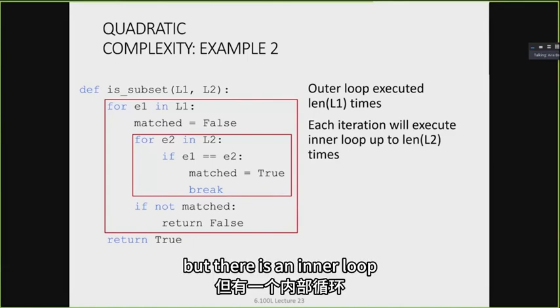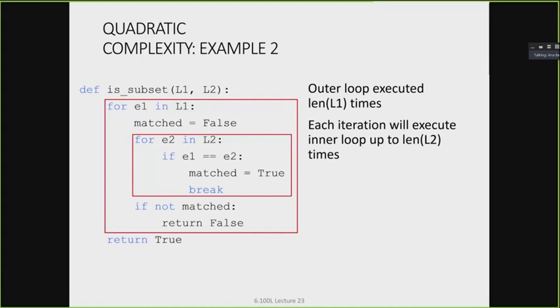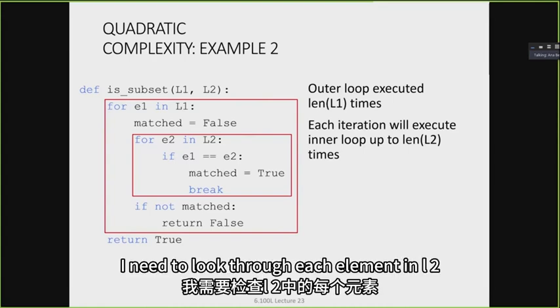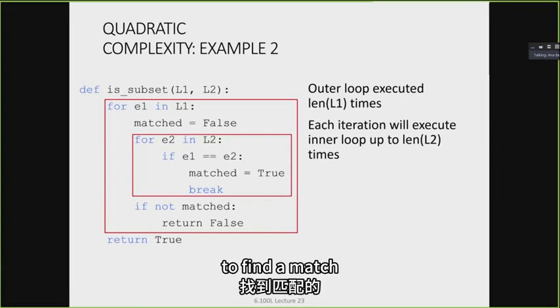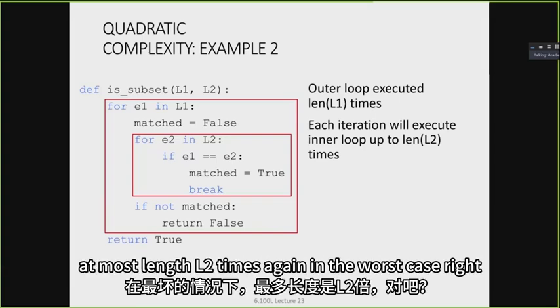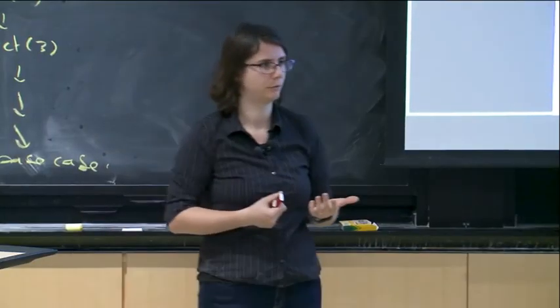But there is an inner loop, so for each element in my outer loop, I'm also going to do everything in this inner loop, right? So in the worst case, I need to look through each element in L2 to find a match. So the inner loop will execute at most length L2 times, again in the worst case, right? So the inner loop will be theta of length L2.